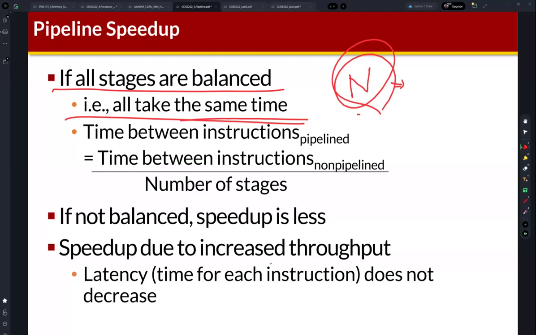So it means the delay of all stages are the same. But if they're not balanced, the speedup is less, as I explained, because the stage that exhibits the longest delay will decide the clock period. Okay?